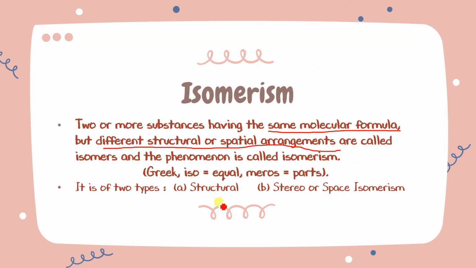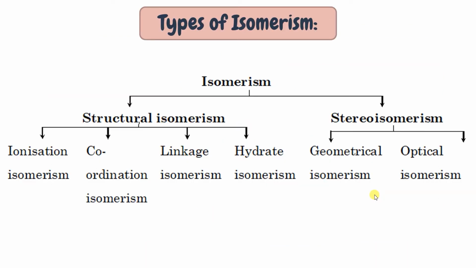It is of two types, structural and stereo or space isomerism, which we have also done in organic compounds. First we will complete structural, and then we'll go for stereoisomerism. In organic compounds, we have done that structural isomerism is of 6 types: position, chain, functional, metamerism, tautomerism. But that will not be there here. It is exactly different.